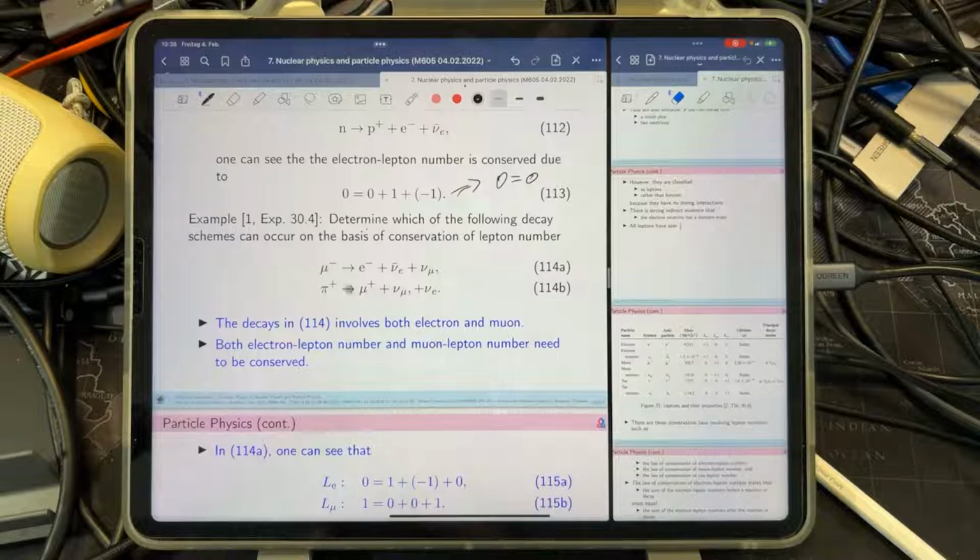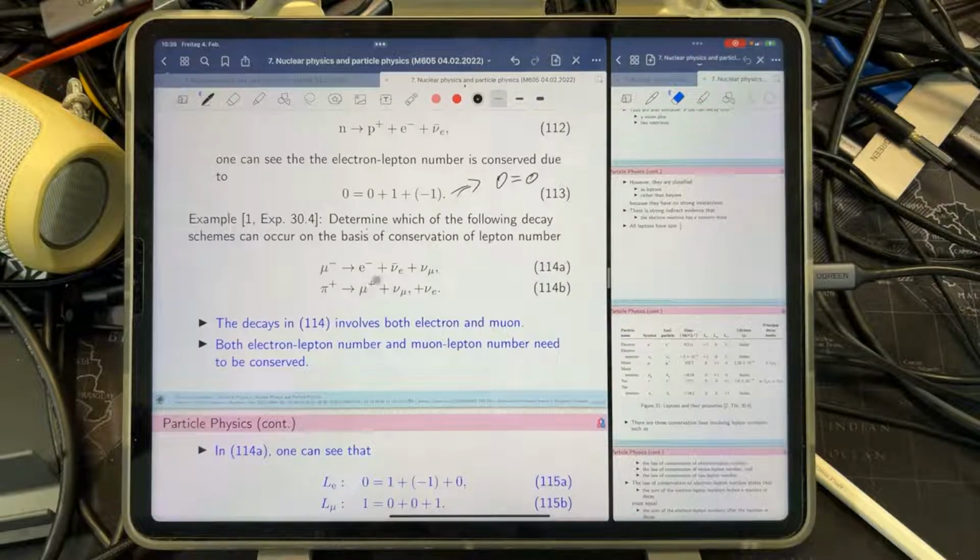And let's consider the second decay or the second reaction. This is pion. Okay, pion plus. Pion has 3 different types: pion 0, pion minus, and pion plus. Here is pion plus, and pion plus is decomposed into muon or anti-muon.